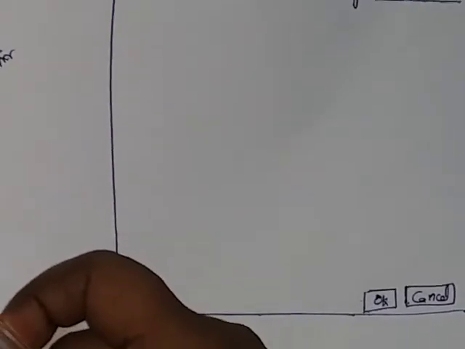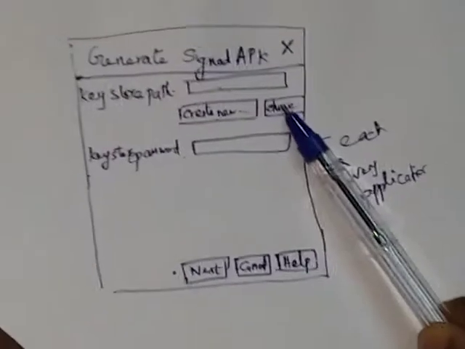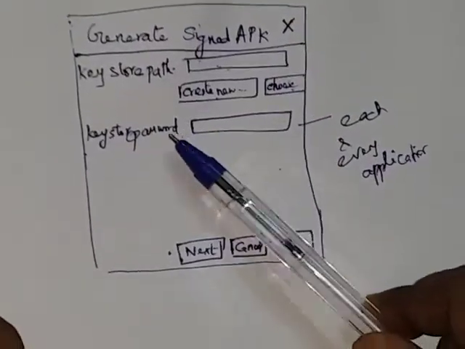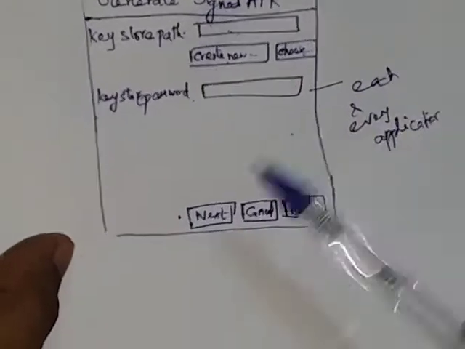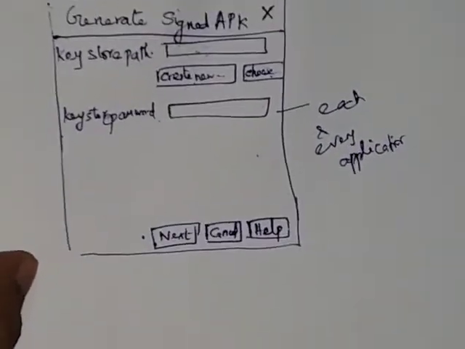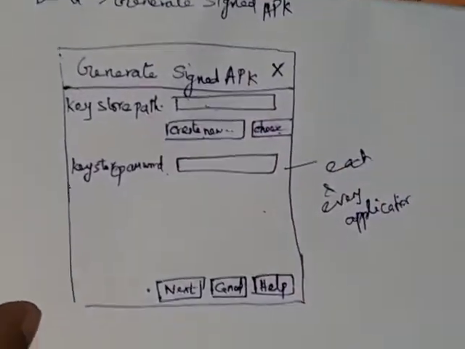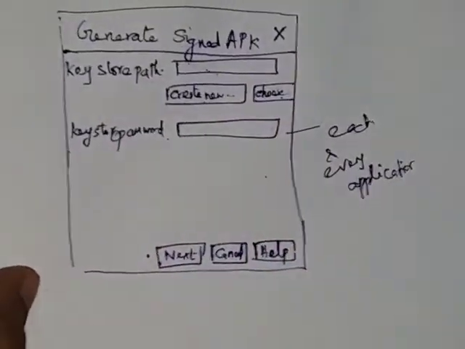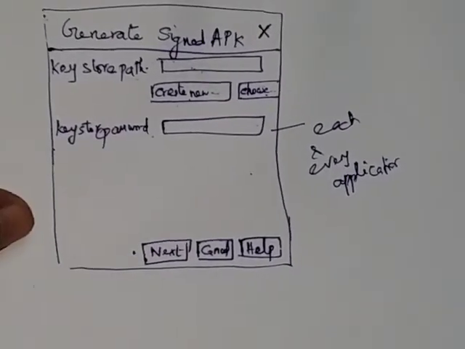If we are publishing our second application, we have to choose the already created key store path. Then we give the key store password for each and every application that we create. Then we press Next, and finally Finish. Likewise, our application will be stored in Google Play Store, so anyone can download it from Google Play Store and use it. Thank you.